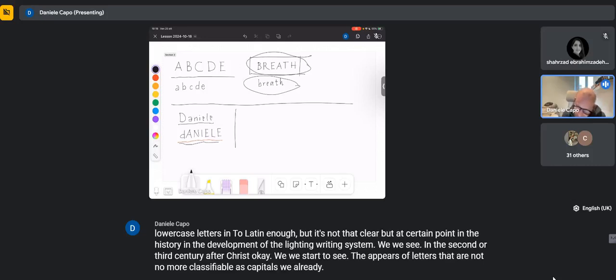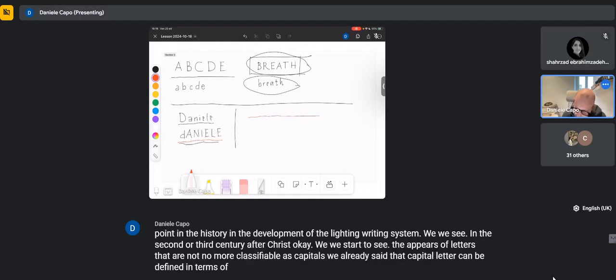We already said that capital letters can be defined in terms of their respect of the two-line system.